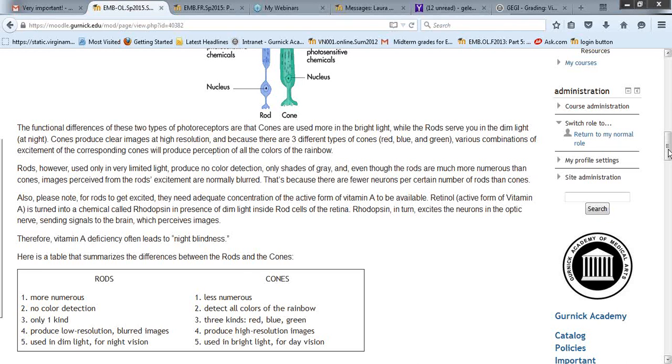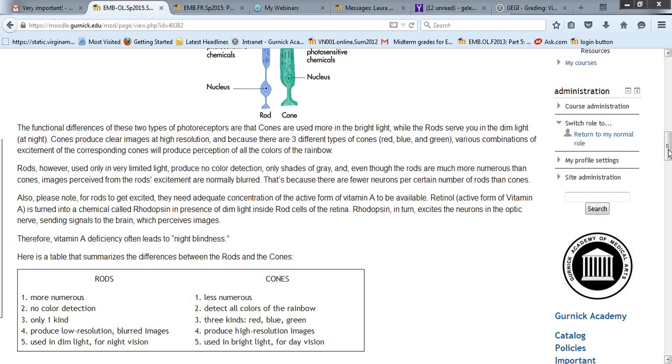You also need retinol, vitamin A, for your rods to get activated. In the rods, retinol gets converted into rhodopsin, and the rhodopsin stimulates the nerve endings in the optic nerve.